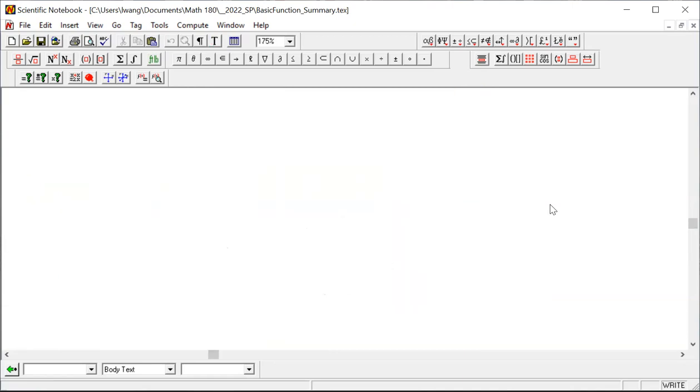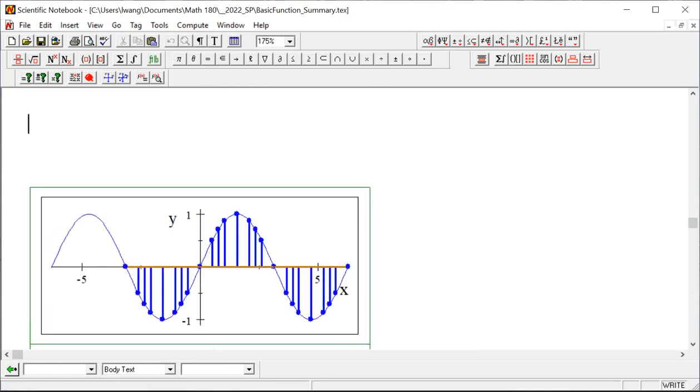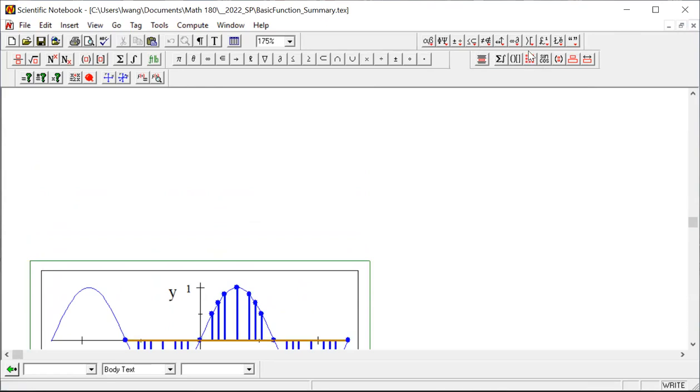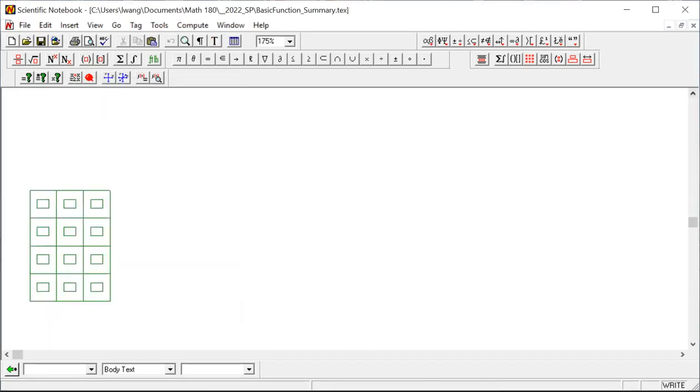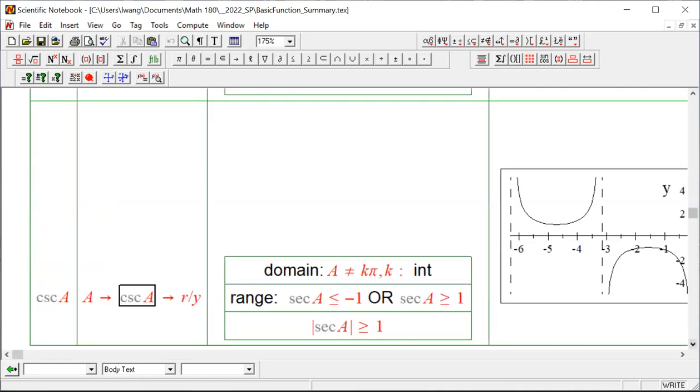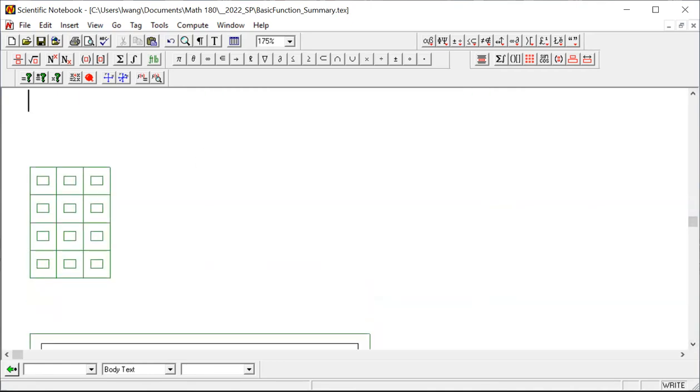Okay, so for arc functions, I'm going to set up a table, which we don't need so many rows. These are arc functions, right? We have some detailed studies.